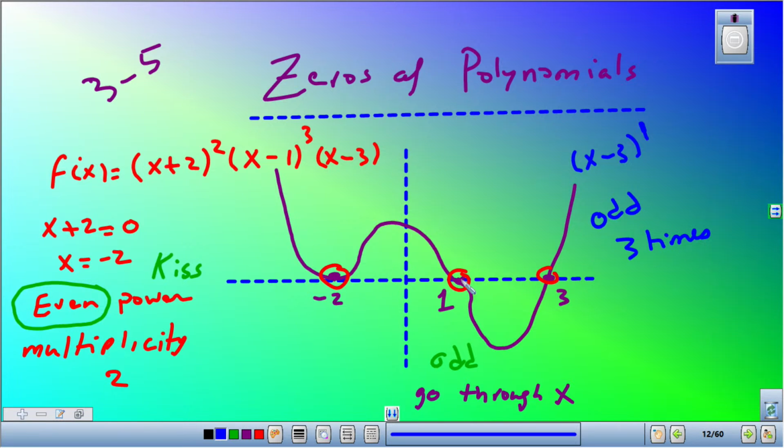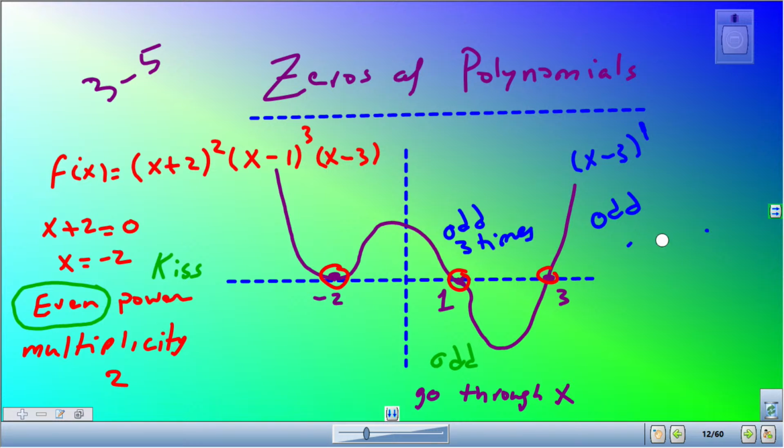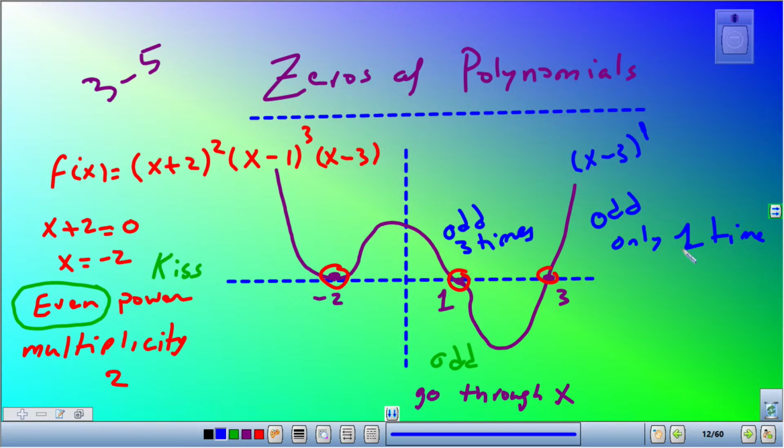And this one is odd, but it's only 1 time. For odds, you go through the axis. For even, you just barely kiss and leave.